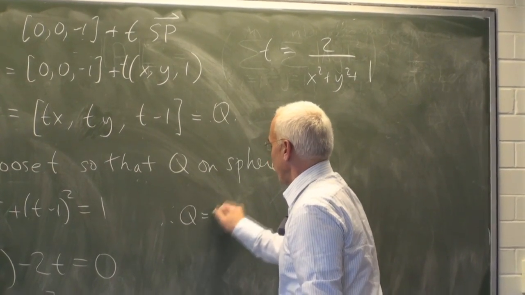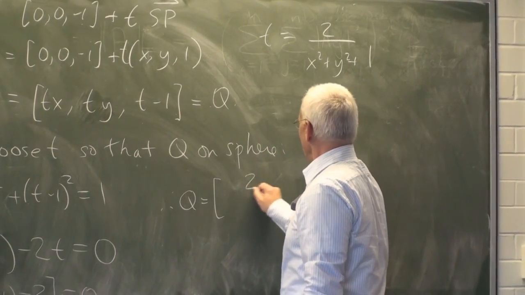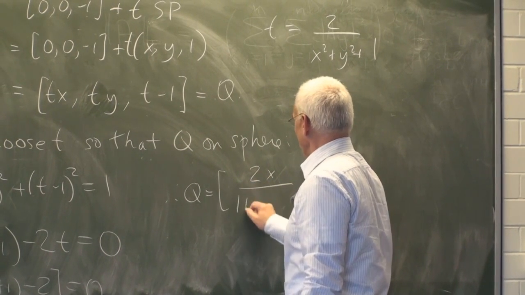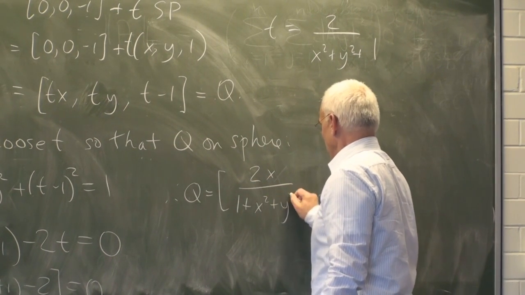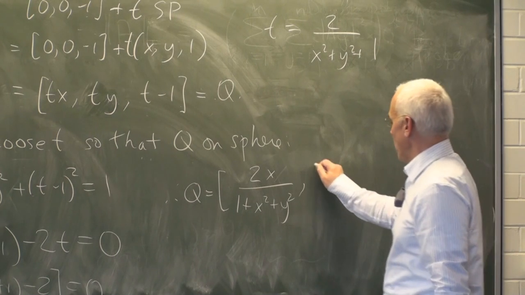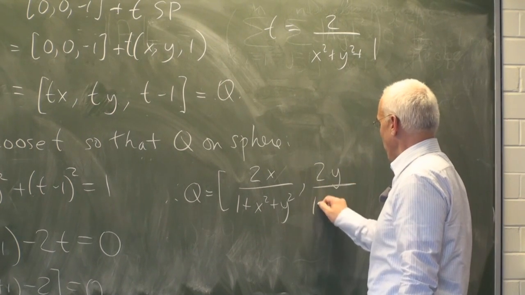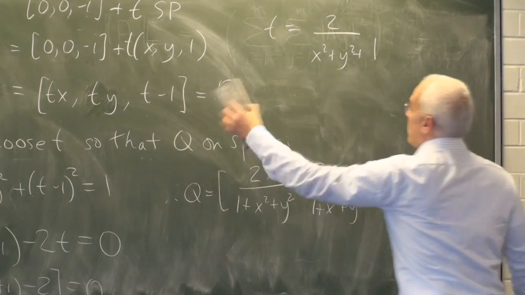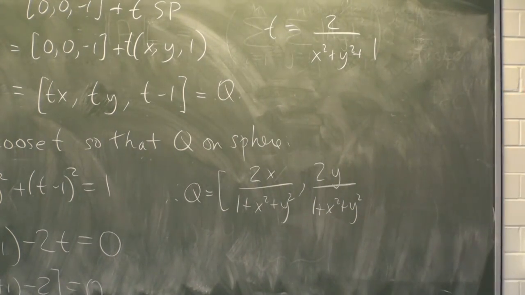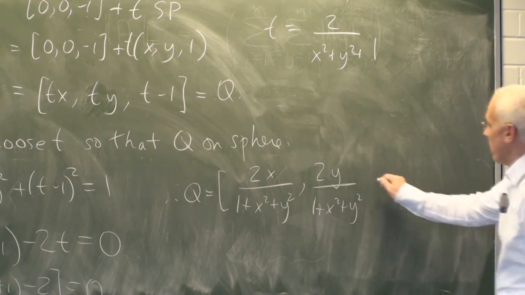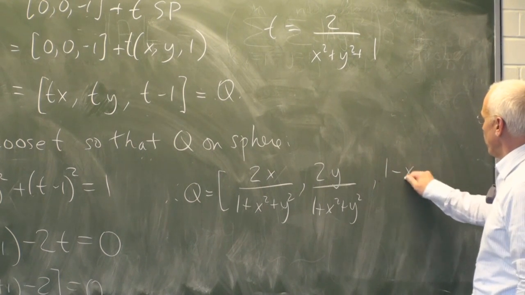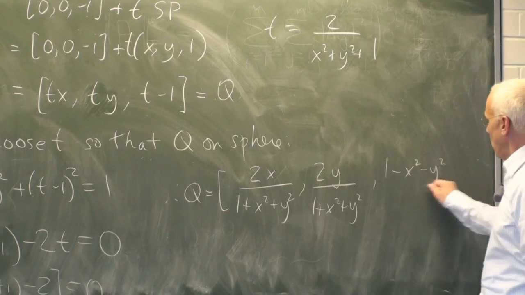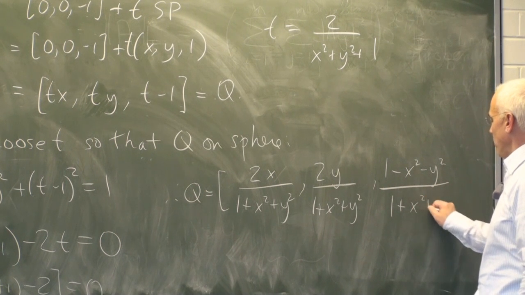So Q equals 2 times x all over 1 plus x squared plus y squared, comma, the same thing with a y, 2y over 1 plus x squared plus y squared in the bottom. And then t minus 1. So if we take this thing and subtract 1, well, then we're going to get 1 minus x squared minus y squared all over 1 plus x squared plus y squared.